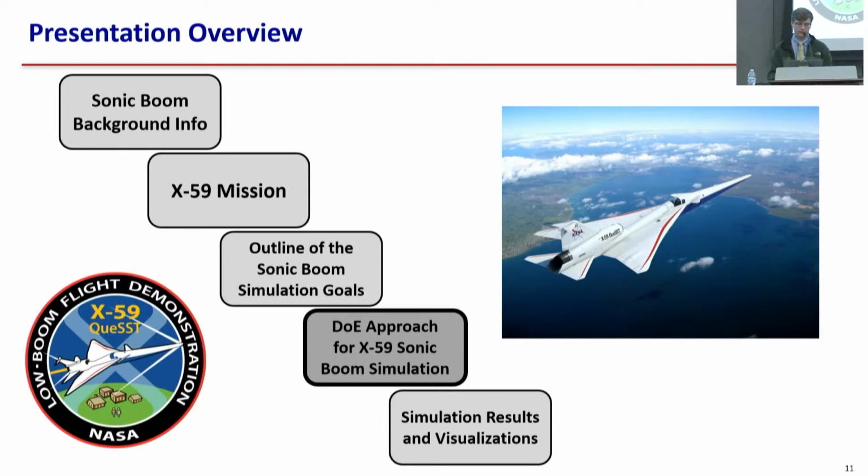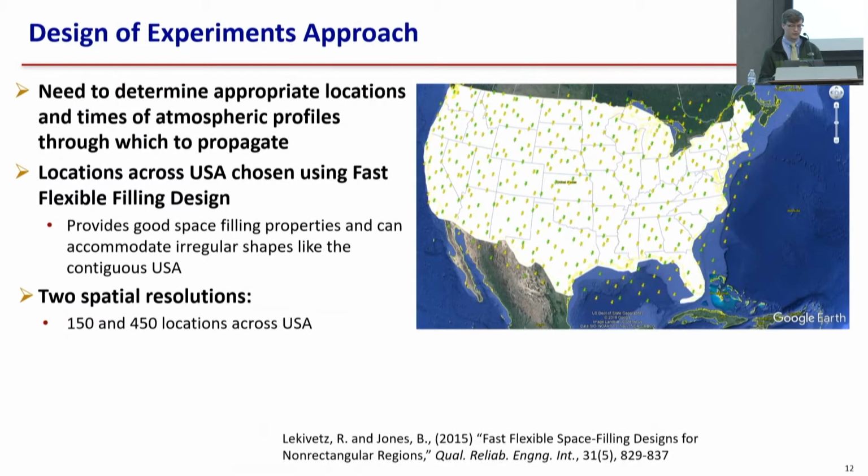Finally, I'll show our design of experiments approach for our boom simulation. Because we were unsure of where the X-59 is going to be flying for these community tests, we wanted to get good geographical coverage of the U.S. So what's shown here are 2 different spatial resolutions we were considering based on how much computational time we had.